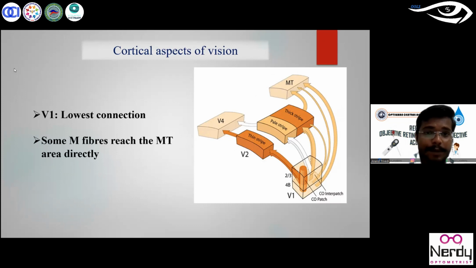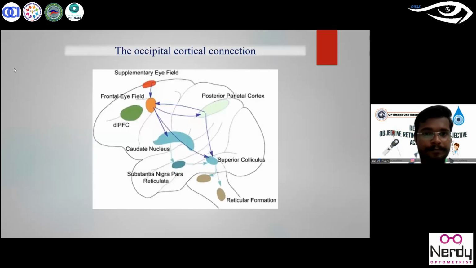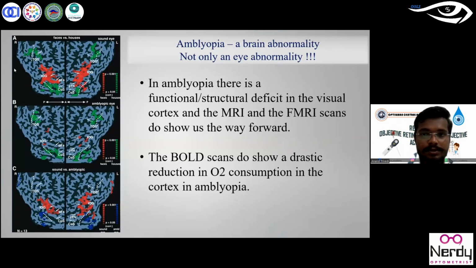When you treat amblyopia, V1 is the lowest connection, and some M fibers also reach the middle temporal area directly. Understand? So this is the complex connection of the occipital cortex with the rest of the brain.